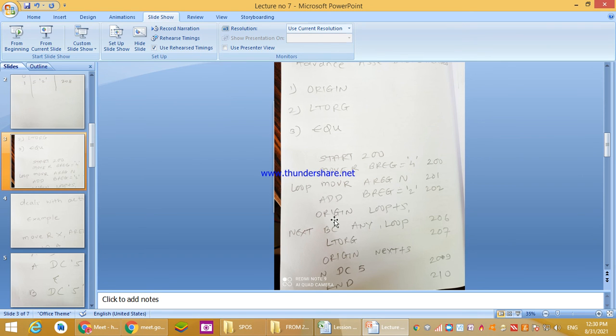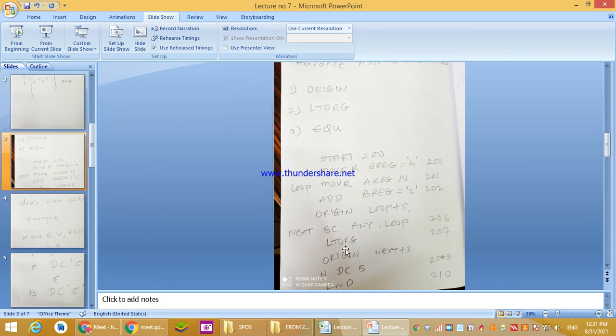As soon as we write in such a way, the memory address of the next instruction changes accordingly, and now it becomes 206, not 203. This is the importance of origin. The origin assembler directive is used if I want to change the memory address of a line. I write the word origin, and after it, to the label of the line after which I want to change the address, I add plus as much number as I want, and then the address of the line coming after it changes.